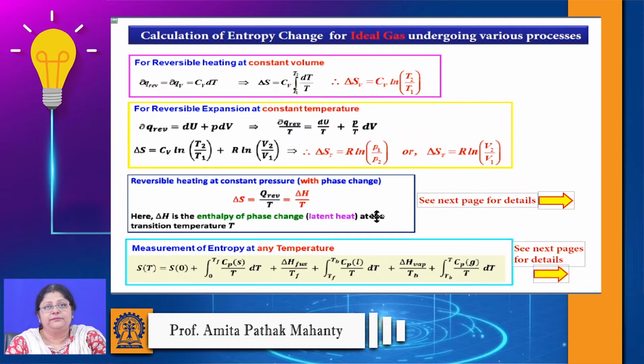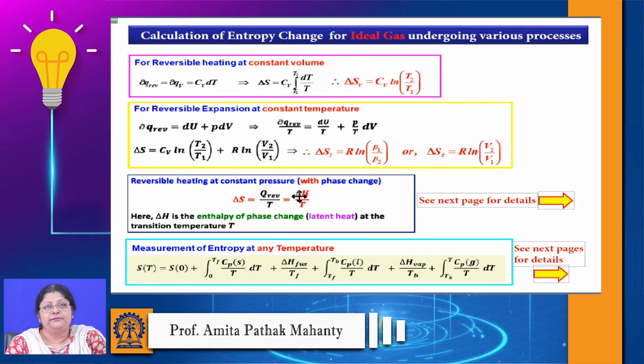And what we had just mentioned but not taken up, and I had said I'm going to take up today, is the reversible heating of a substance, or cooling, whatever it is, when there is a phase change associated. When there's a phase change associated, then dq reversible at constant temperature and pressure becomes equal to the enthalpy change for the process.